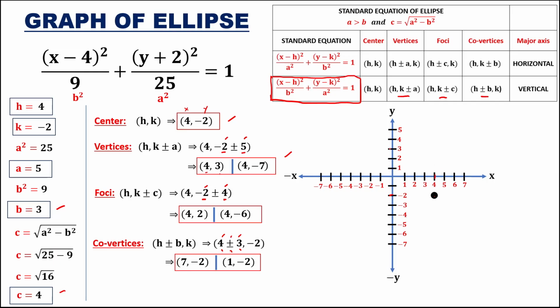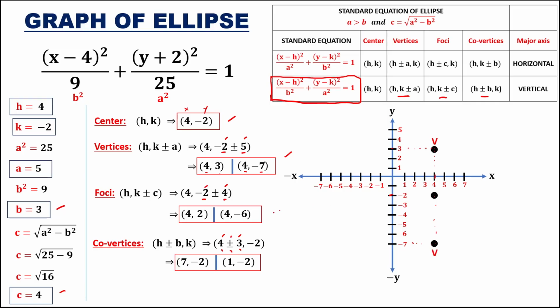So this is now the point for the vertex. Then the other coordinate of the vertex, positive 4 and negative 7. So this is now the other point of the vertex.